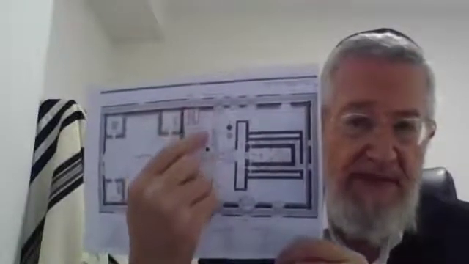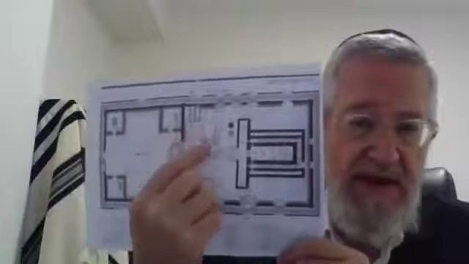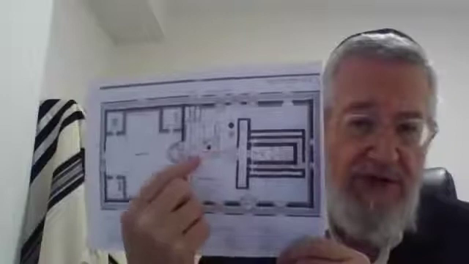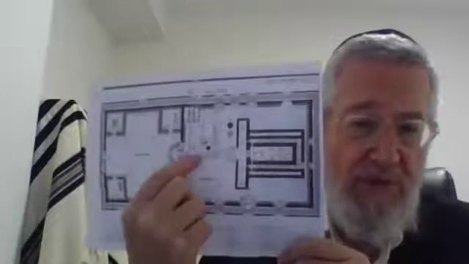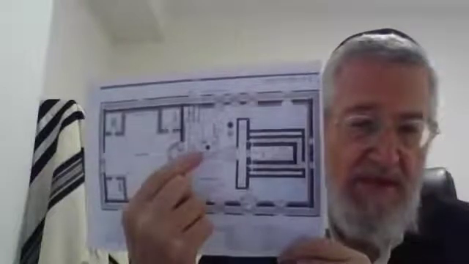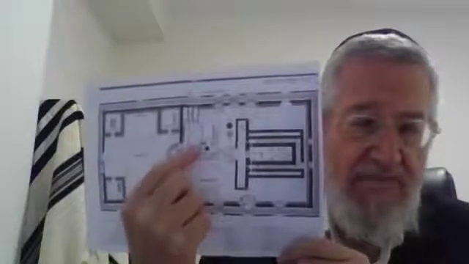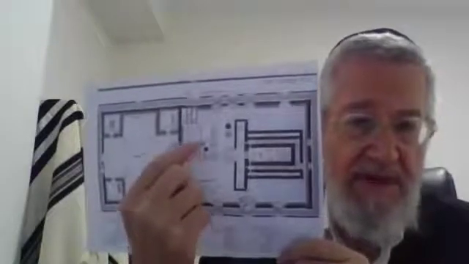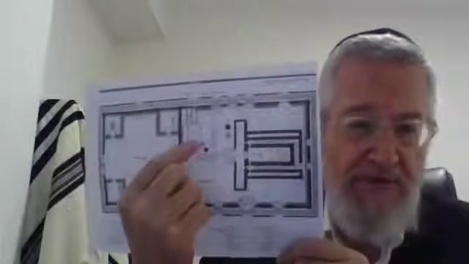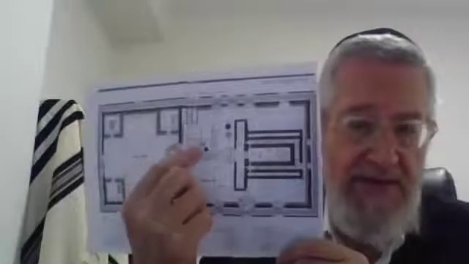The ramp begins in the south. The Mizbeach is more towards the north. The foundation is 32 by 32 going up 1. And then the Sovev is 30 by 30 going up 5. Then there's the roof, the Gag HaMizbeach, which goes up 3, and it's 28 by 28.